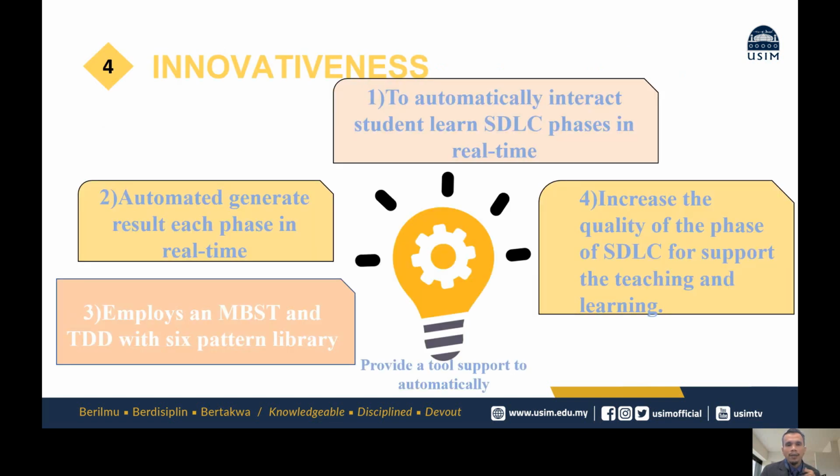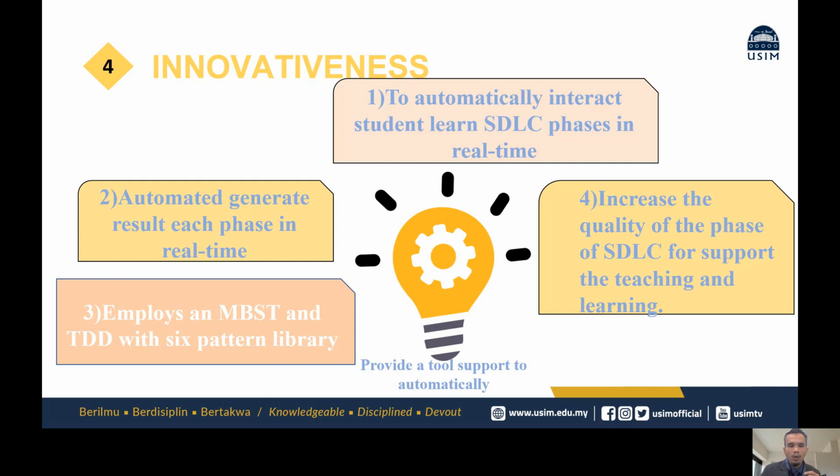In the innovativeness section, the main concern here is that we would like to provide a tool support to automatically validate each phase, which comprises 4 elements. The first element is to automatically interact with a student learning an SDLC phase in real time. The second one, we want to make sure that our tool automatically generates the result of each phase in the SDLC in real time.